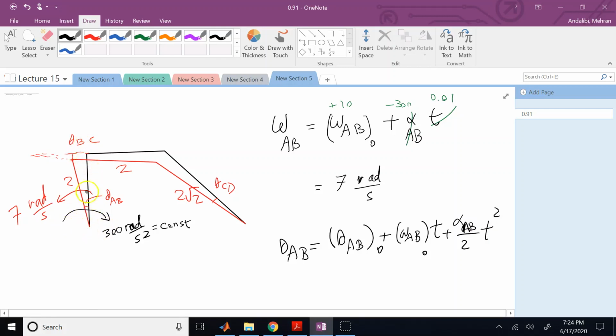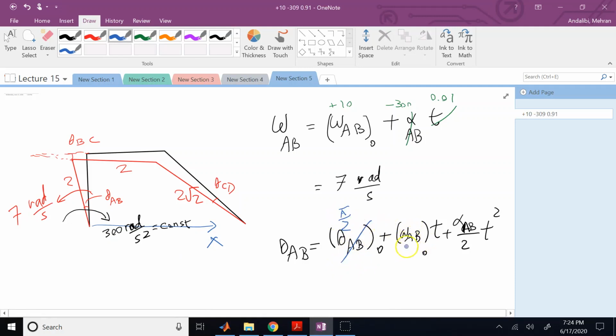If you measure it with respect to the vertical line, then you can say this is 0. If you measure angles with respect to the horizontal line, then the original angle was 90 degrees. So let's say we measure them with respect to the x-axis. That's what we do always. So this is 90 degrees, pi over 2.